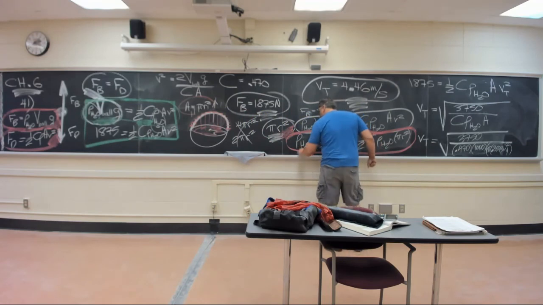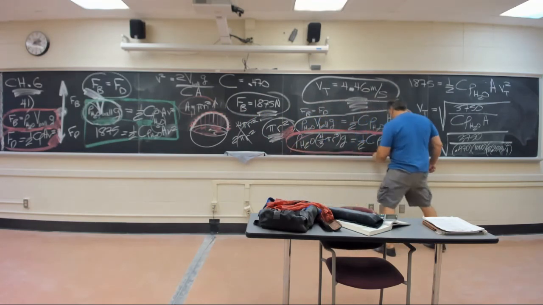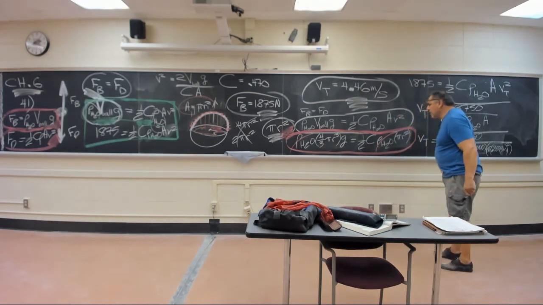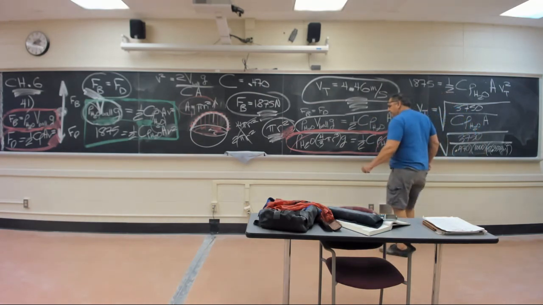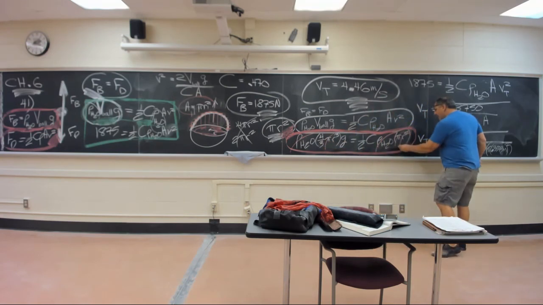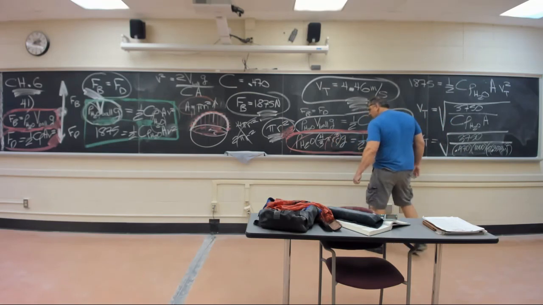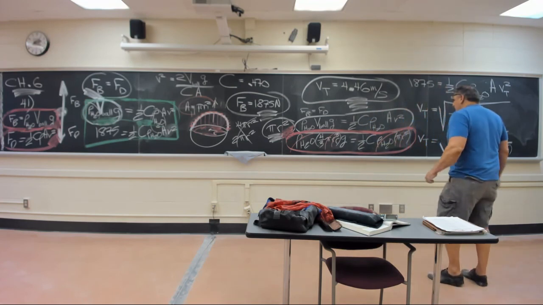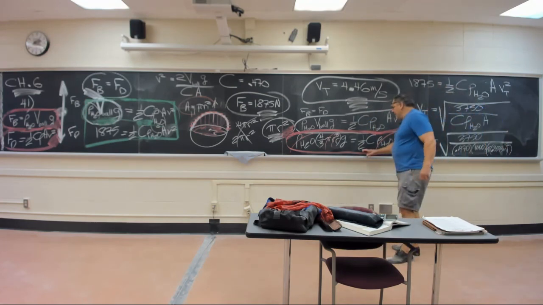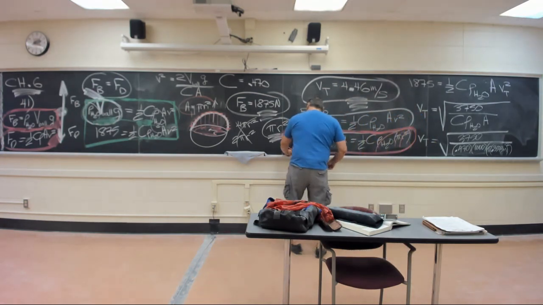Rho H2O cancels with rho H2O. Pi cancels with pi. R squared cancels with r cubed, leaving you just an r. Multiply by 2 on each side, you get an 8 right there. So we're just tinkering with this thing.